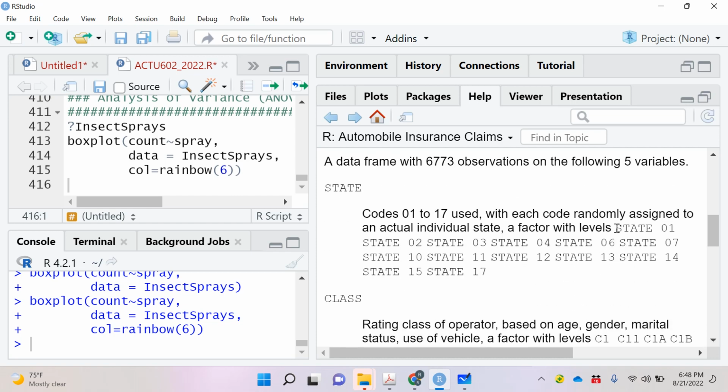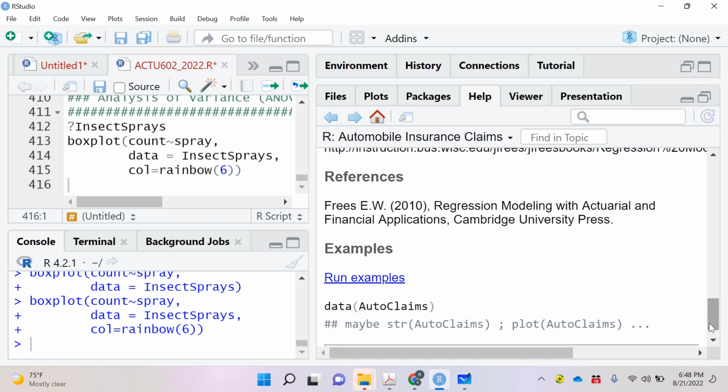So if you look at this one, code 0 to 17 is randomly assigned to an individual state, a factor. So I may be interested in checking whether the claims from the various states are the same, right? The average claims. So that falls into what we are doing.